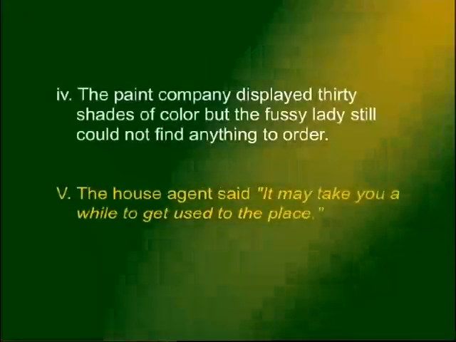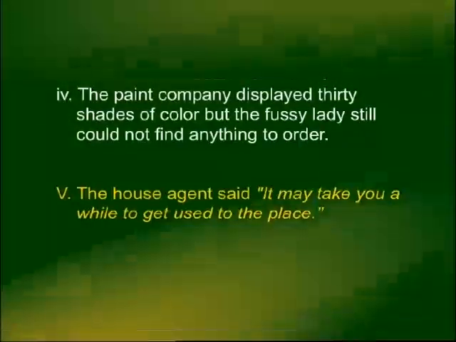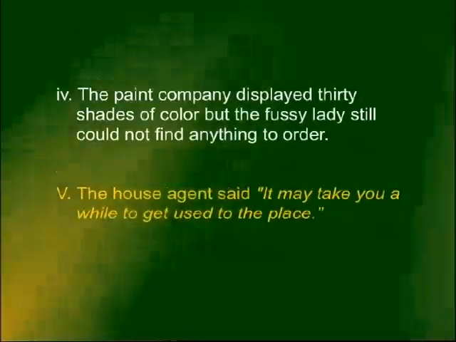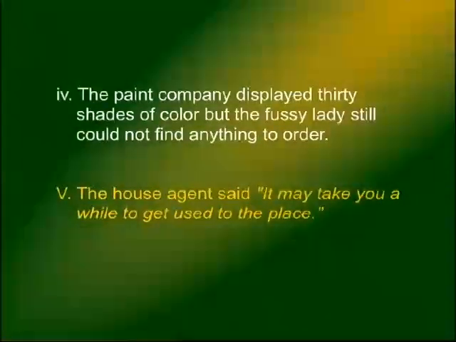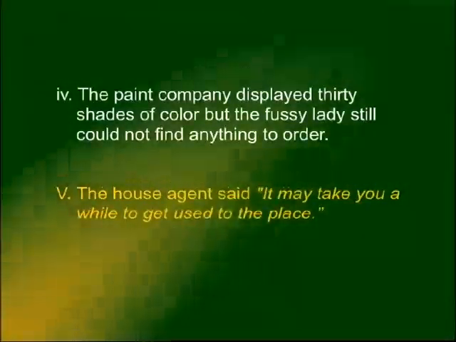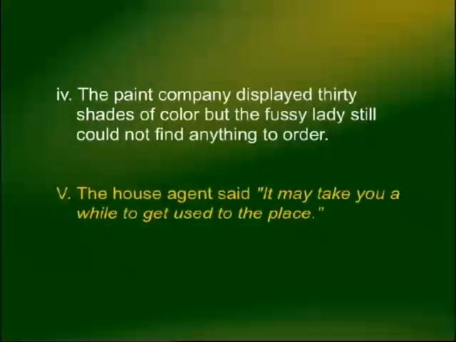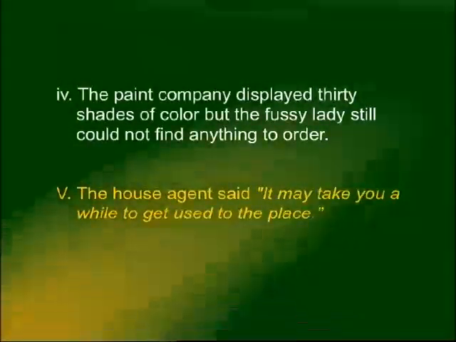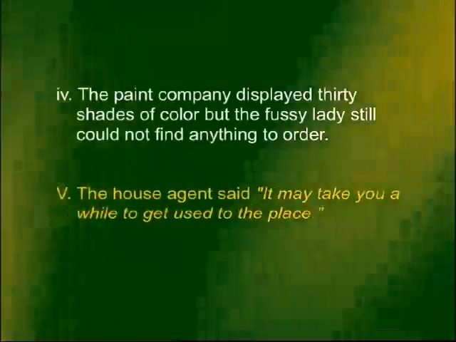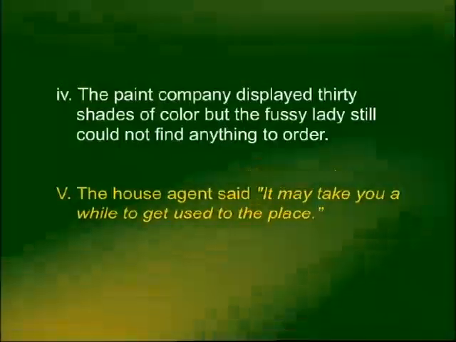Sentence number 4. The paint company had displayed 30 shades of color, but the fussy lady still could not find anything to order. Now in that sentence, where would you put the comma? Notice that there are two complete thoughts in that sentence.